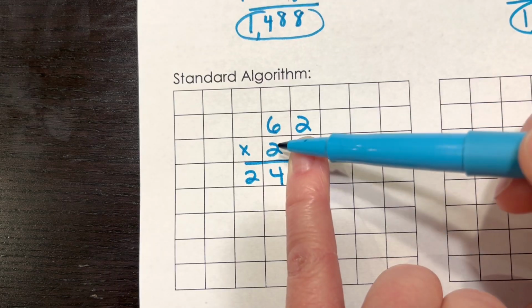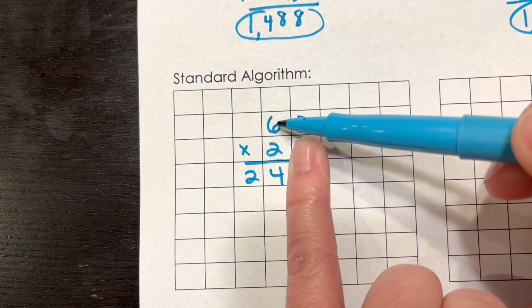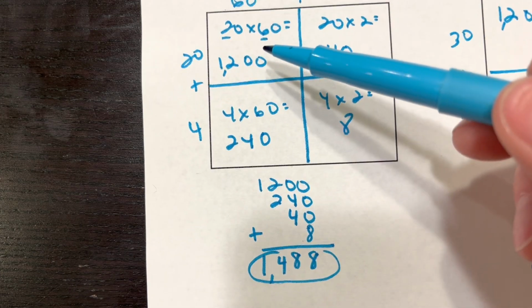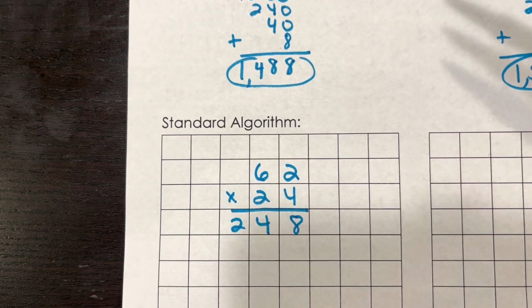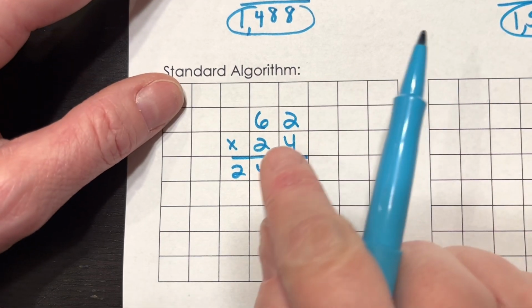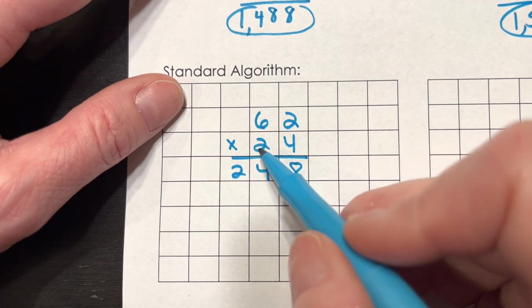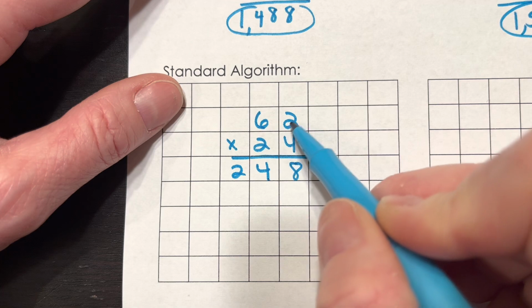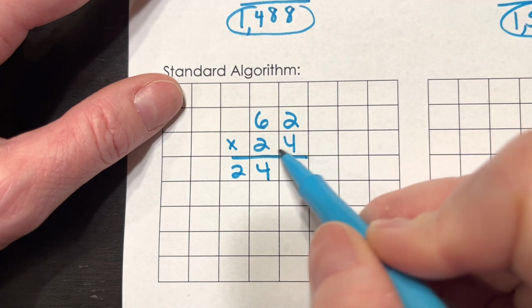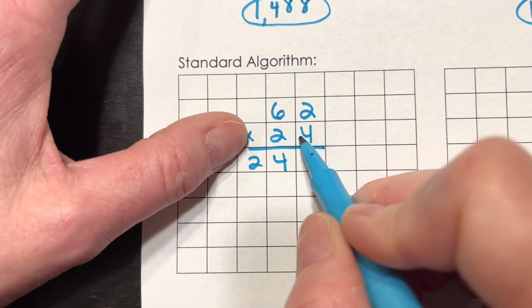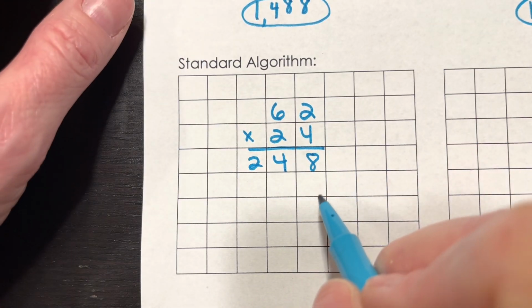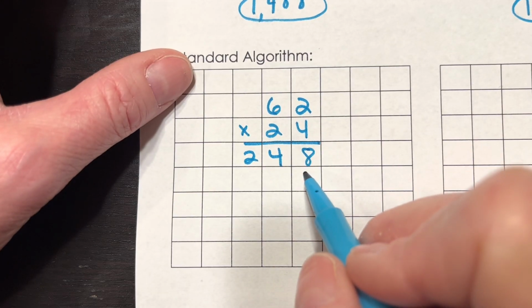And then I want to do the 20 times the 60 to get the 1200. But here's the deal. When I move over here into this place, this isn't really 2 times 2, right? Isn't it 20 times the 2? Again, right here, 20 times the 2. So 20 times 2 isn't 4, it's 40, right?